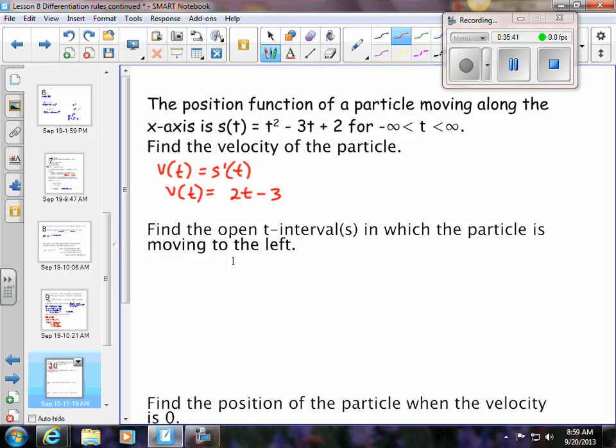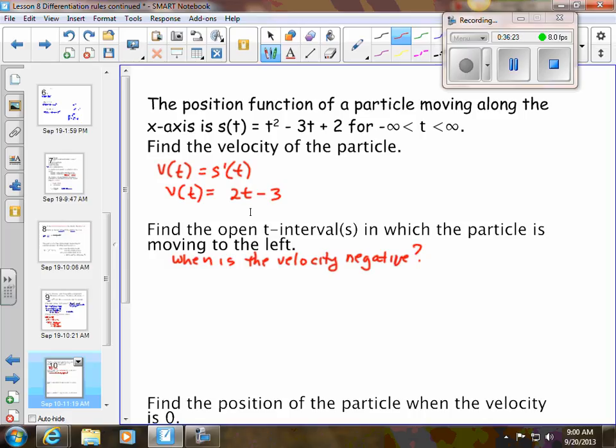So to determine when the particle is moving to the left, I need to know when the velocity is negative. Even though this is a pretty basic and simple problem, I'm going to set it up the way that will work for you for all problems that get more complicated.